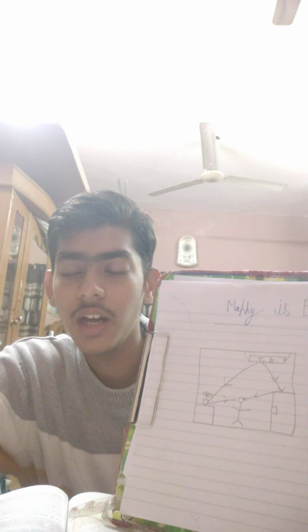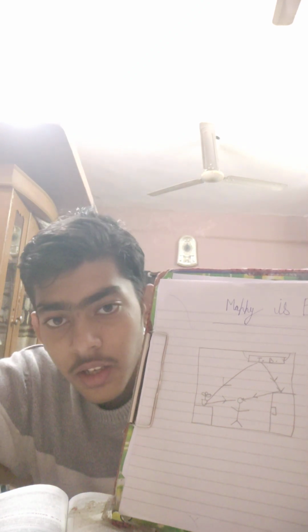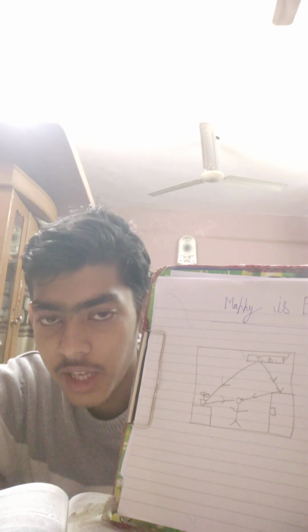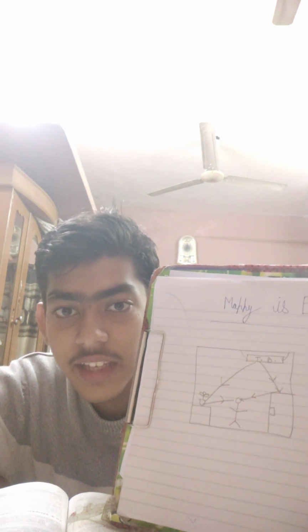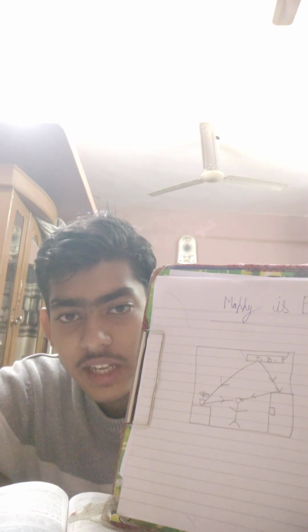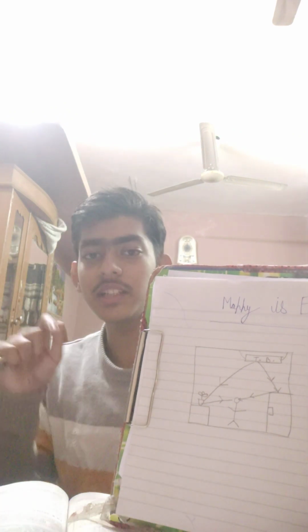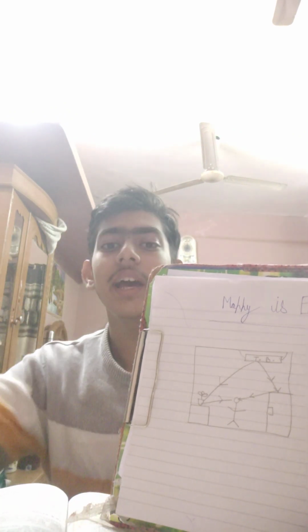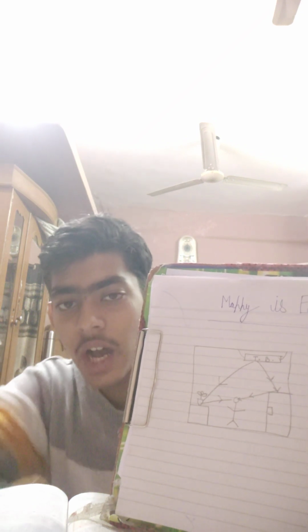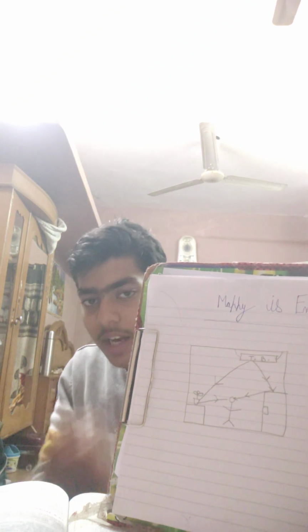Now we are clear with incident and reflected ray. When a ray of light hits or strikes any object, that striking ray of light is known as the incident ray, which means it incidented, it hit on the object. And after incidence, the incident ray comes back.